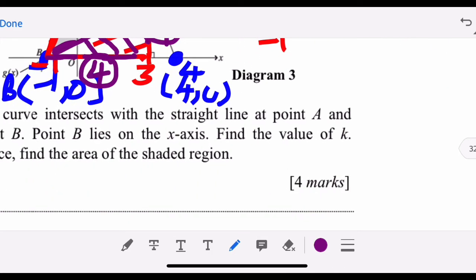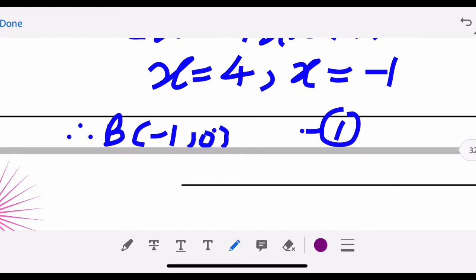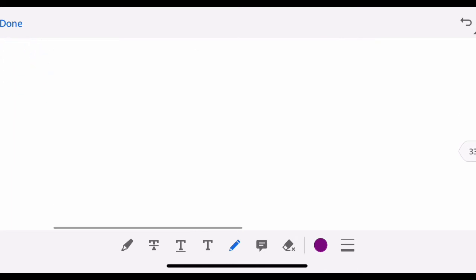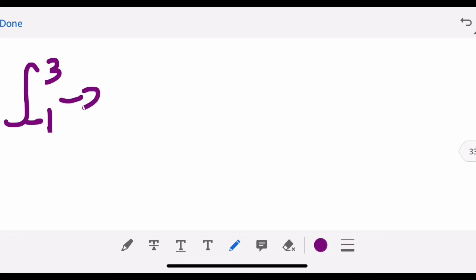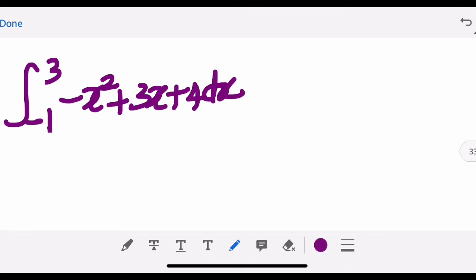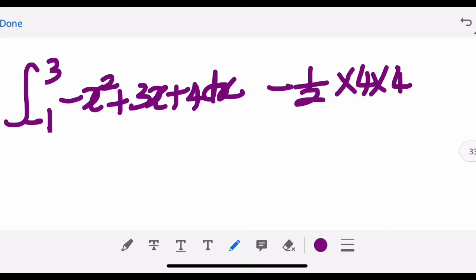Now we just focus on integration and minus the triangle. If I integrate from -1 to 3 for -x squared plus 3x plus 4 dx, minus out 1/2 times 4 times 4, I solve it and I will get the area which is shaded.